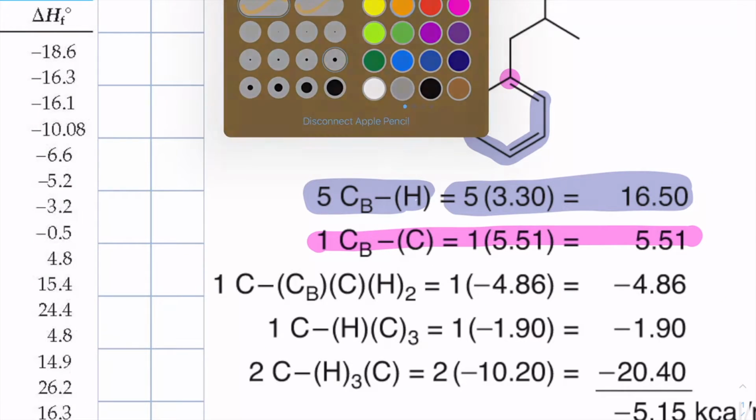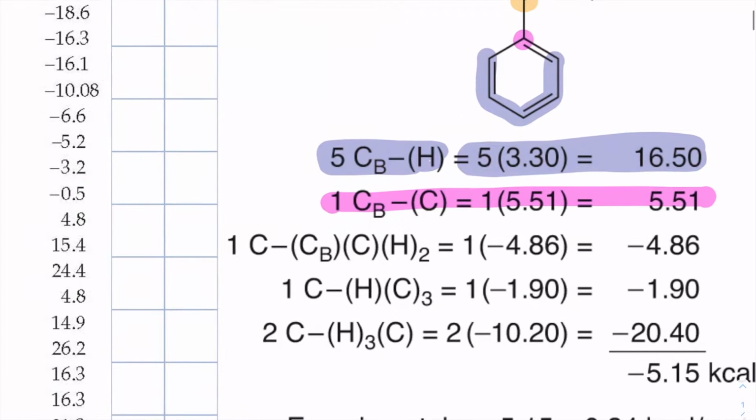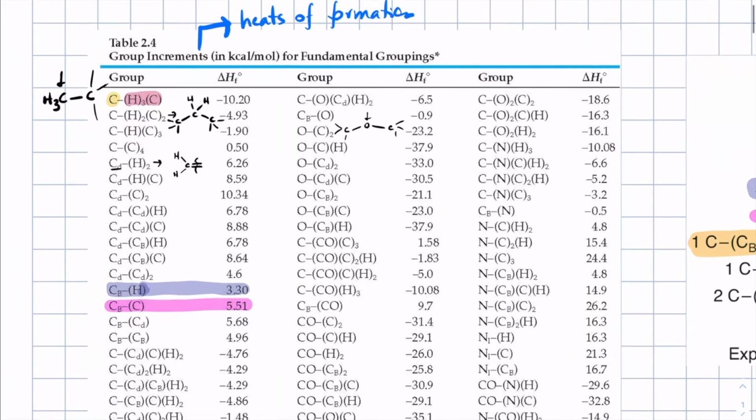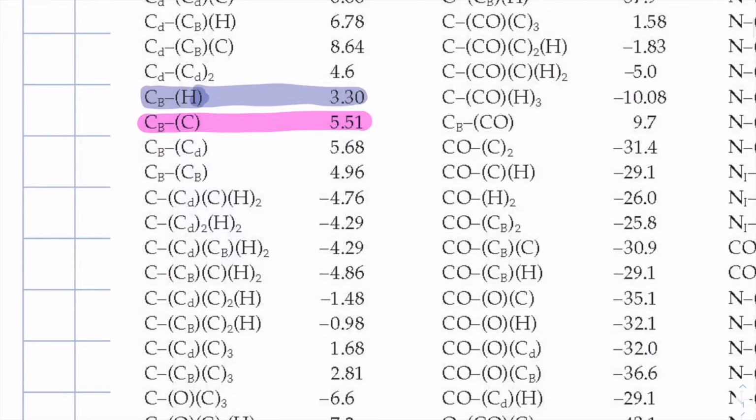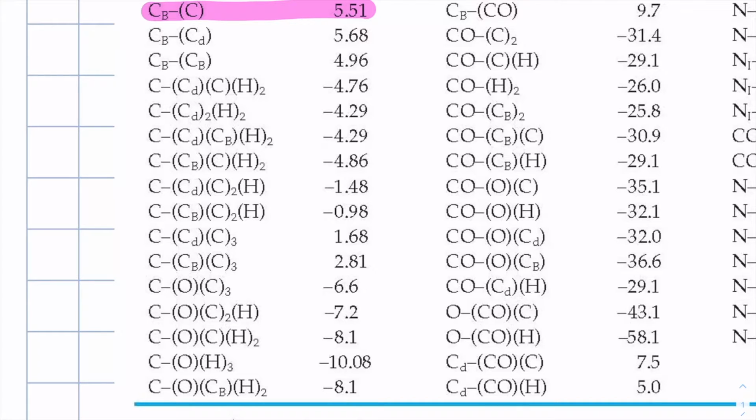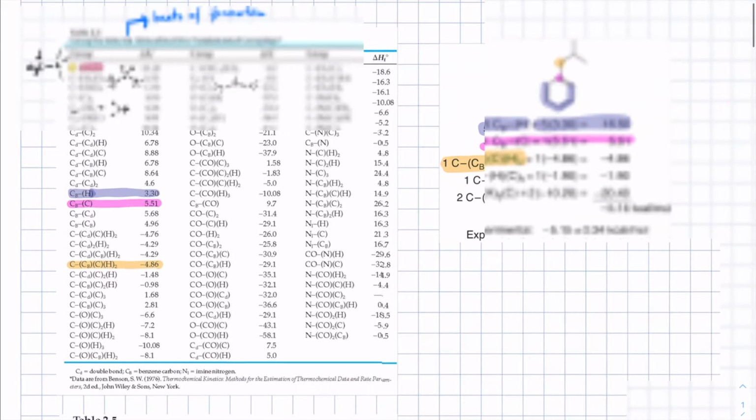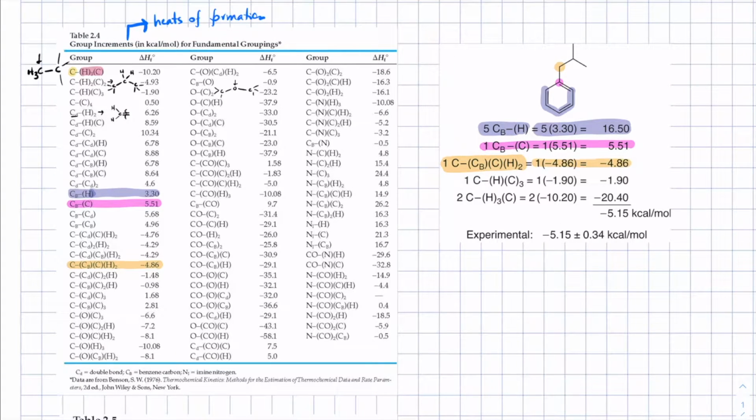We have in orange a carbon that's bonded to a benzene carbon, 1 other carbon, and 2 hydrogens. So if we come over to this list, we need to look for a C, followed by a CB in parentheses, another C, and then 2 H's. Okay, so that's the value we're looking for. We have in green a methine CH.